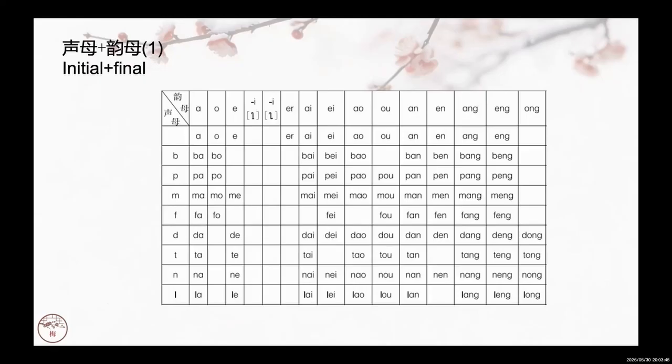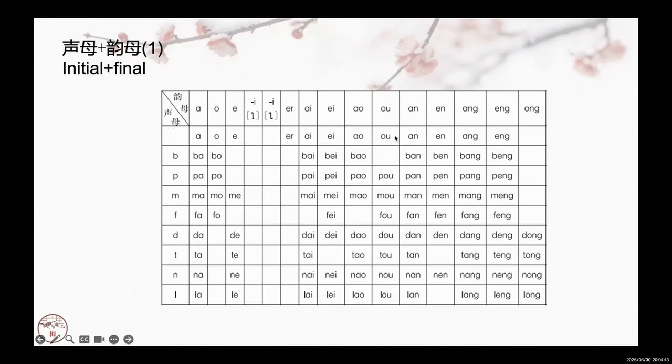Okay, we have a very, very big table about all the syllables. Each syllable consists of an initial and a final. So the very left column is all the initials or all the consonants except the last one, right? And the rows are about finals.